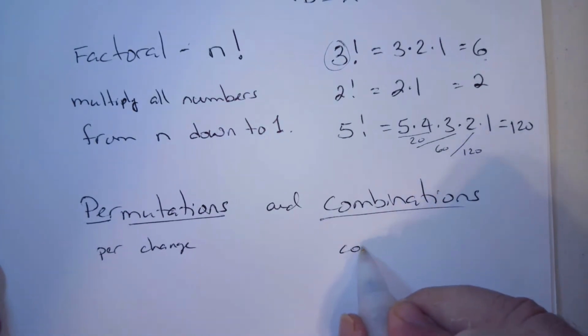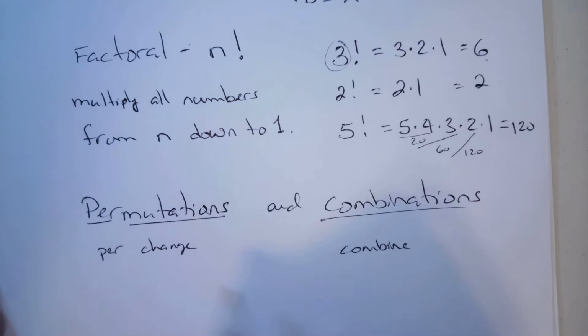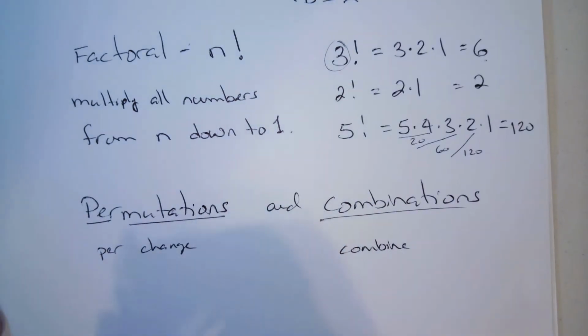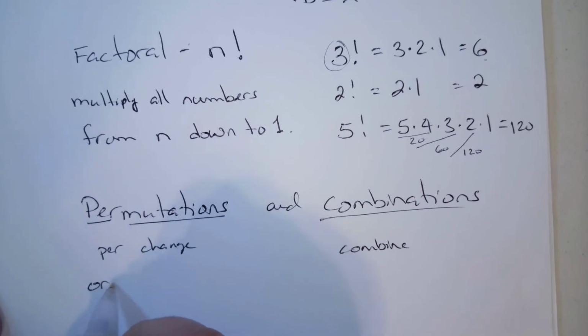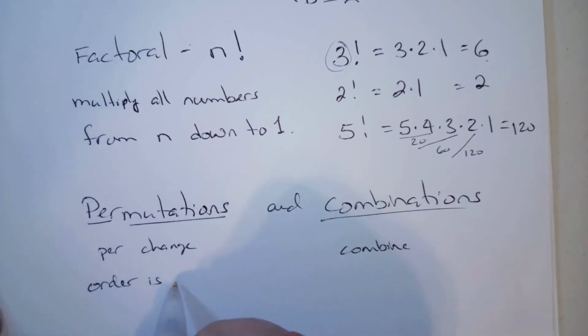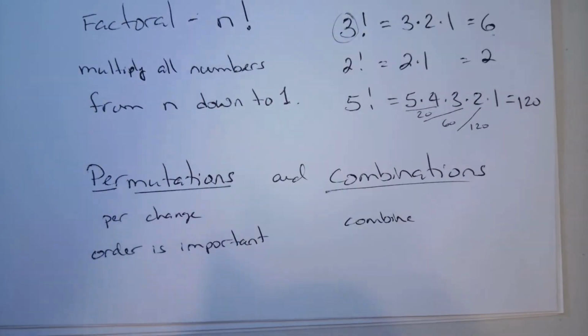Combination is just combine. So what's the difference? In permutation, it says per change, order is important because we're looking at each change.